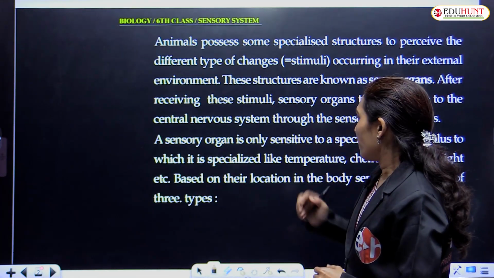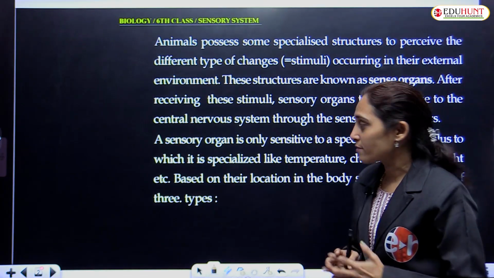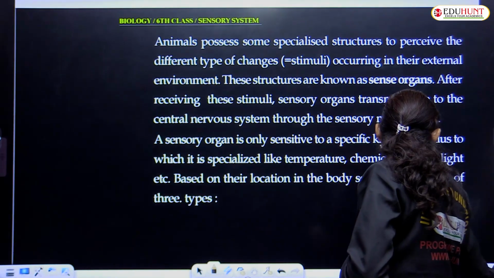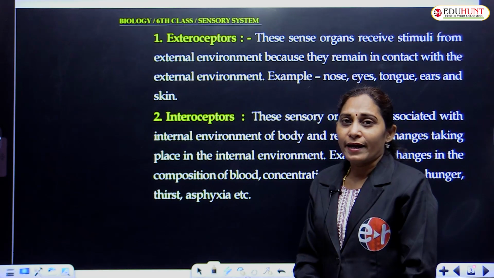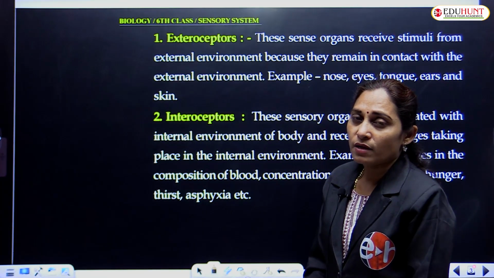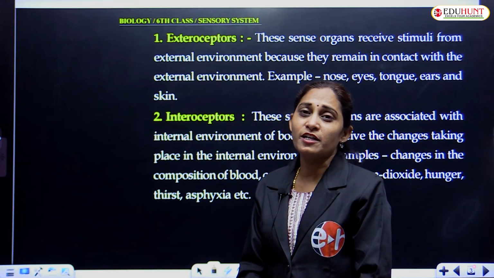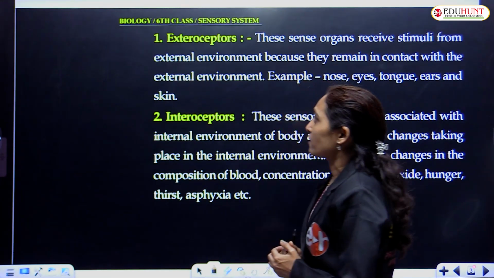Based on their location, the body has sense organs of three different types. One is exteroceptors. The name indicates that they perceive external stimuli.